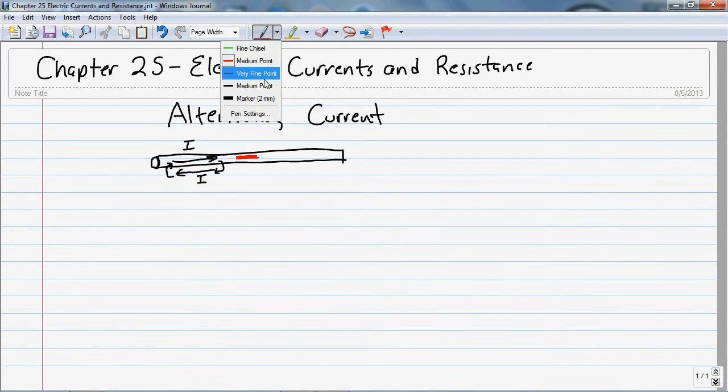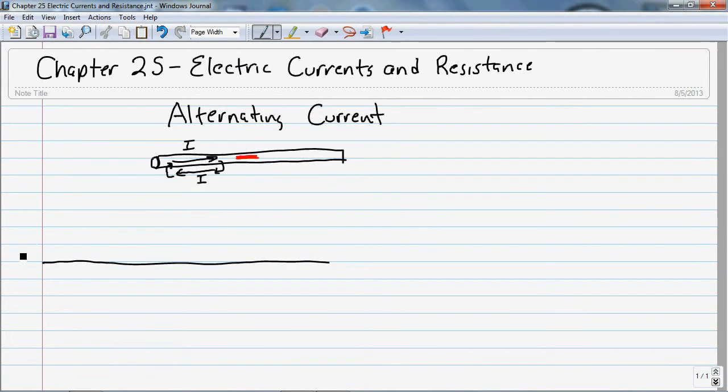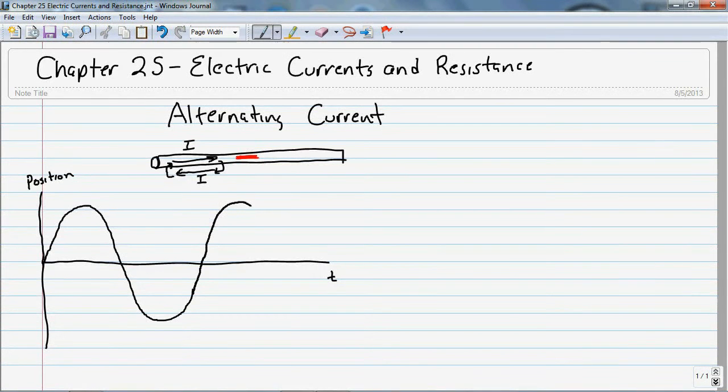And if we look at this graphically, if I have a graph for the position versus time, you would see normally a sine wave, as the change in position over time.